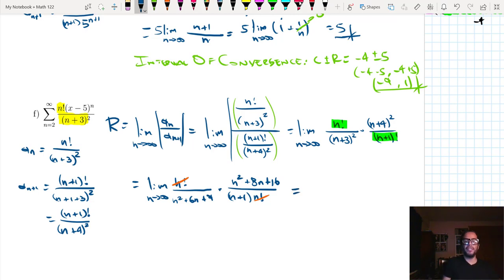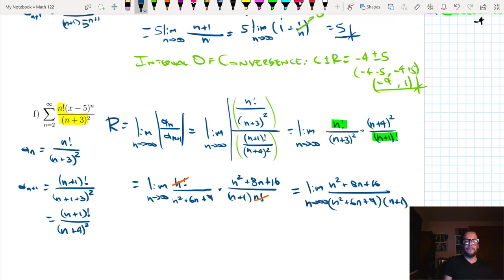What are we going to have here? The limit of n squared plus 8n plus 16 divided by n squared plus 6n plus 9 times n plus 1.